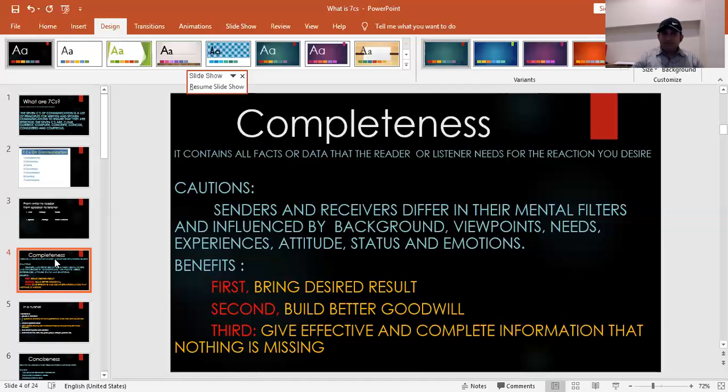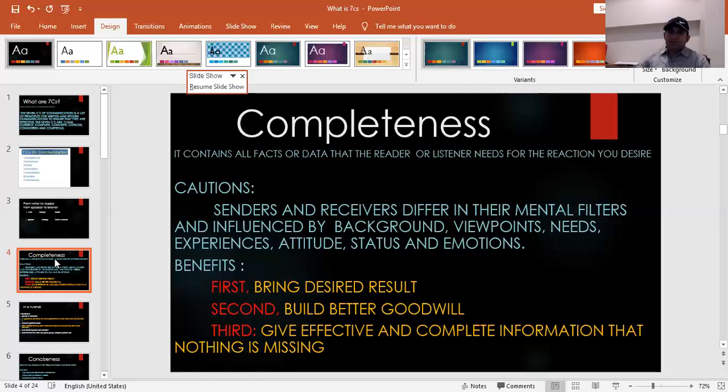The second is to build better goodwill. When you are not conveying your message thoroughly, or according to the needs of the receiver, your goodwill and reputation will not be better.